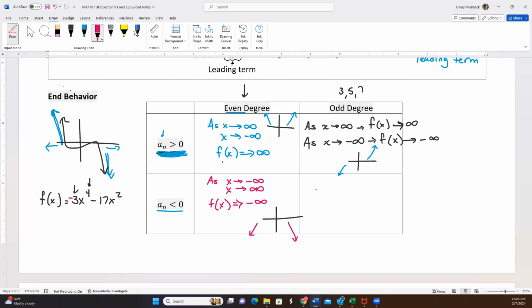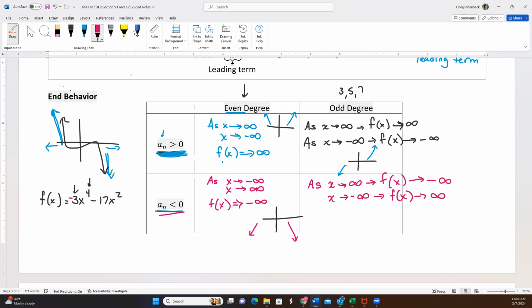In the opposite regard, if you have a negative lead coefficient, then as x approaches infinity, your y value will approach negative infinity. And vice versa. As x goes to the left, your y value will go up and approach infinity.